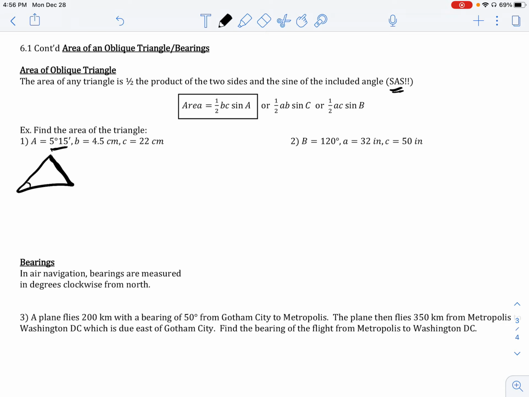But hopefully most people can see that 15 minutes is 1/4 of a degree. So this is the same thing as 5.25 degrees. So angle A here would be 5.25 degrees.